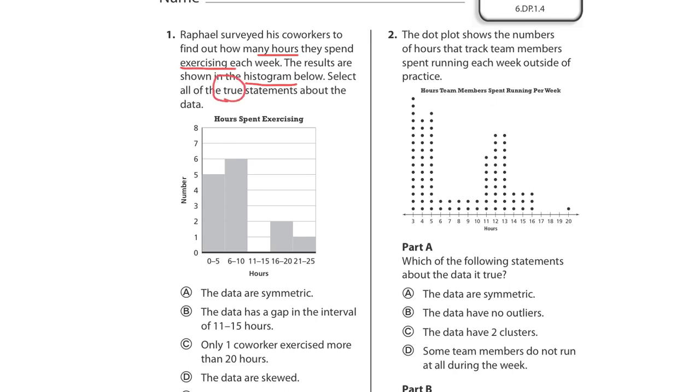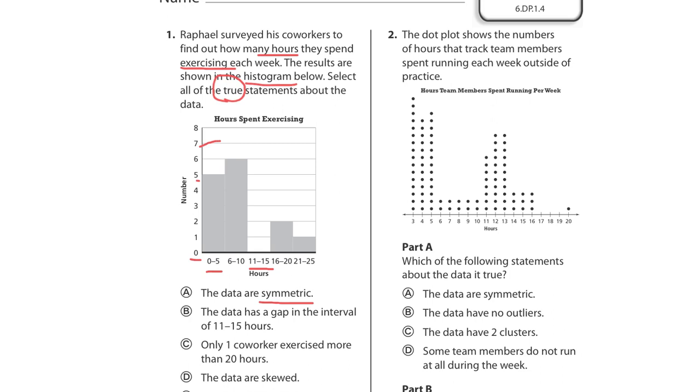So we have 5 co-workers spent between 0 and 5 hours, and we have 0 co-workers spent between 11 and 15 hours. So if we look at the data, let's look at letter A. The data are symmetric.